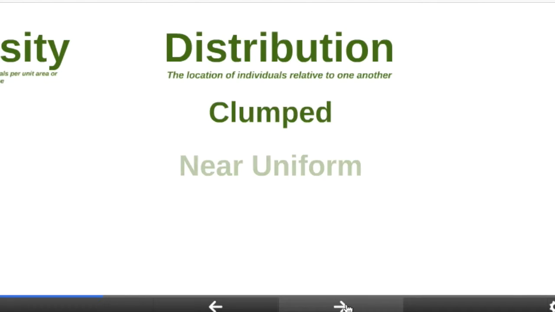The next factor to consider is distribution. Distribution deals with the location of your population in relationship to one another. There are three types of patterns that tend to arise when you're looking at distribution. Those are clumped, near uniform, and random.